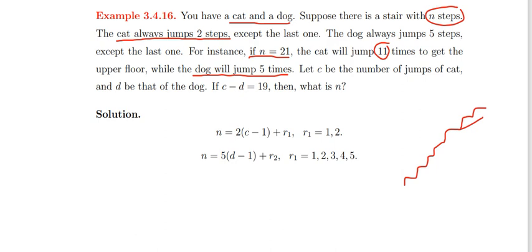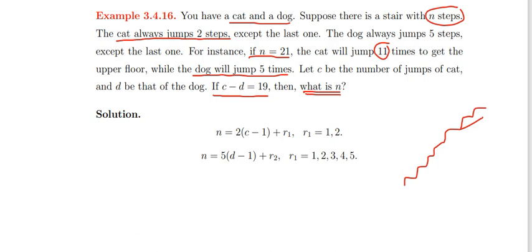So we let C be the number of jumps of the cat, and D be the number of jumps of the dog. Then we want to find n. We say we have many n's, so the question is to find the sum of all such n. Now let's check this problem.